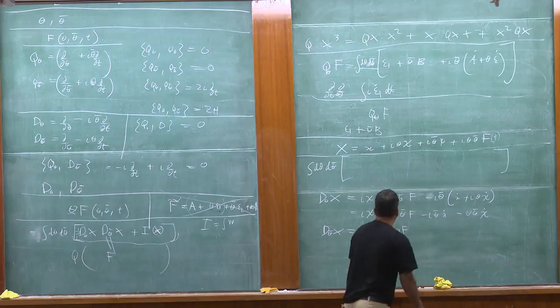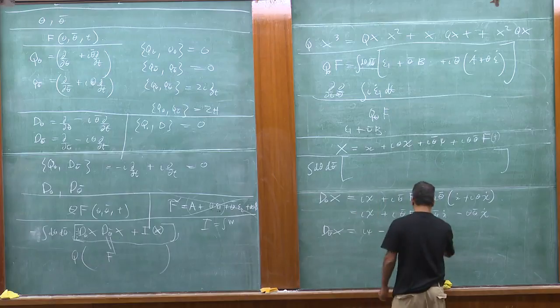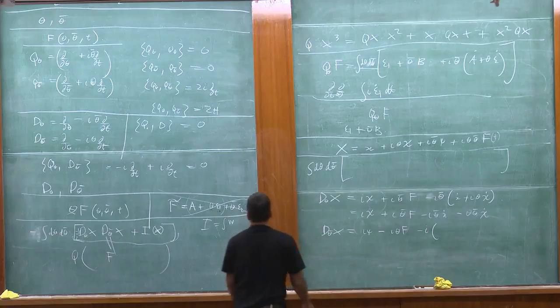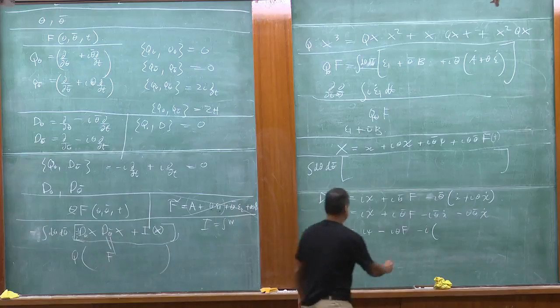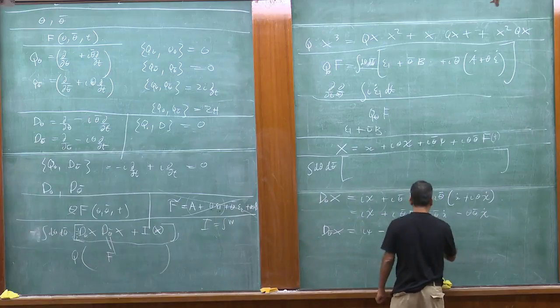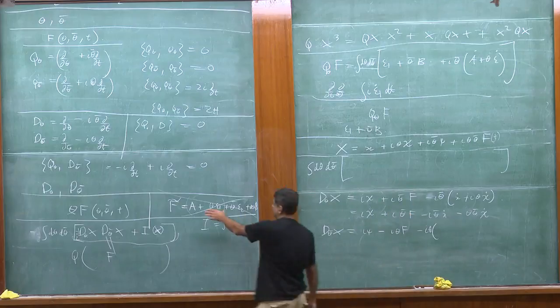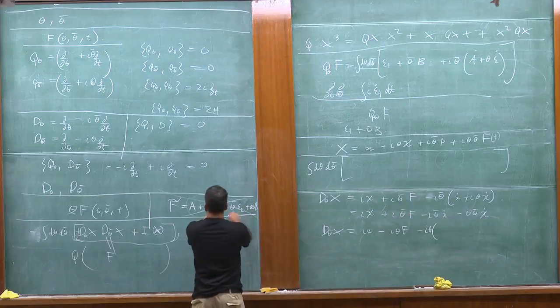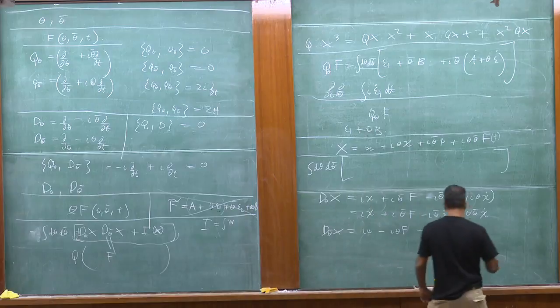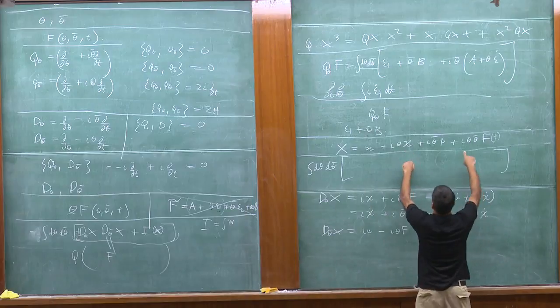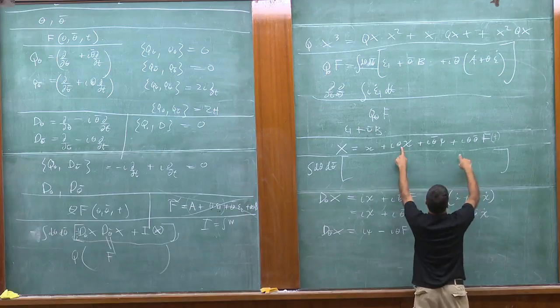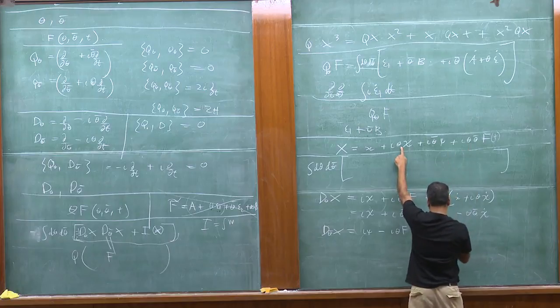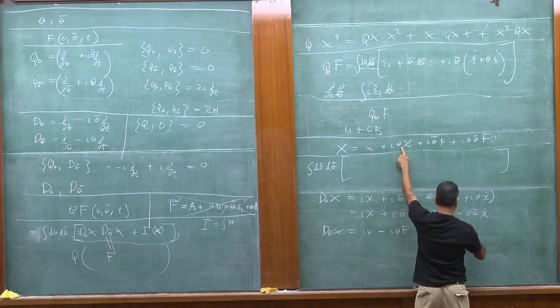Okay? And then we had minus i into theta bar, into theta. So now we ignore the terms which already have theta in them, so this and this. So we get x dot plus i theta bar psi dot.